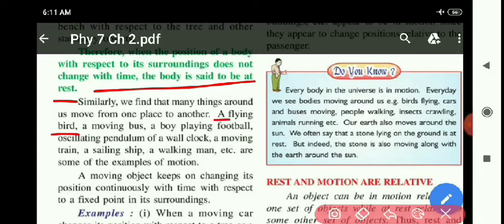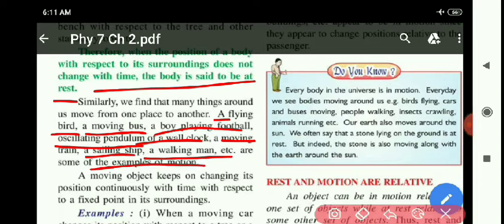A flying bird, you can see a bird flying and moving from one place to another. A bus, a boy playing football, the oscillating pendulum of a wall clock. You have seen some clocks where a pendulum is continuously oscillating. That is in motion. A moving train, a sailing ship, a walking man are examples of motion.